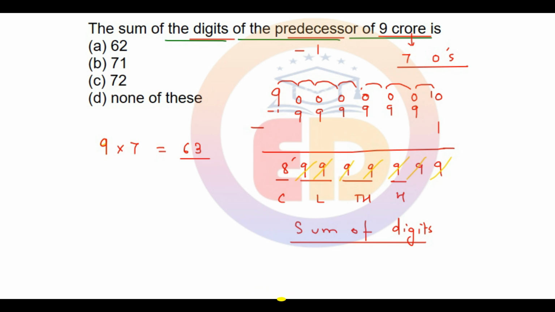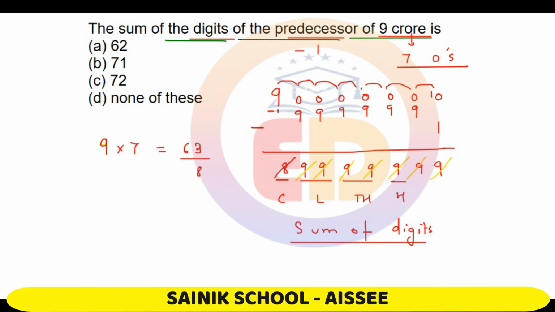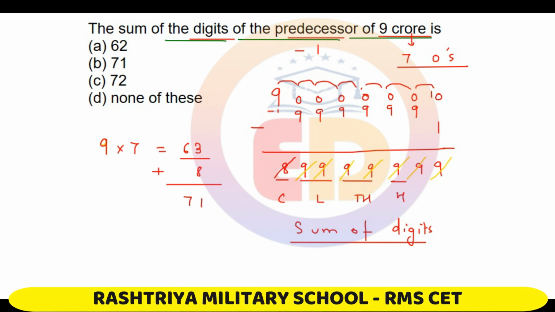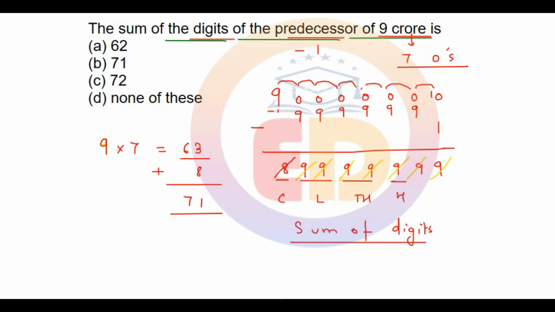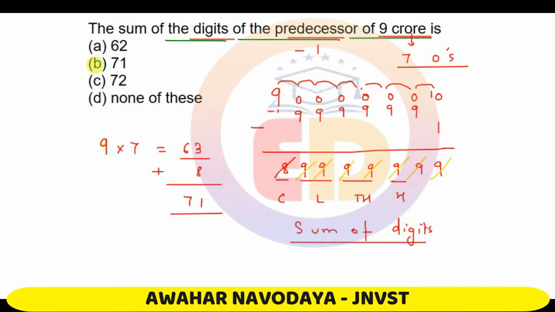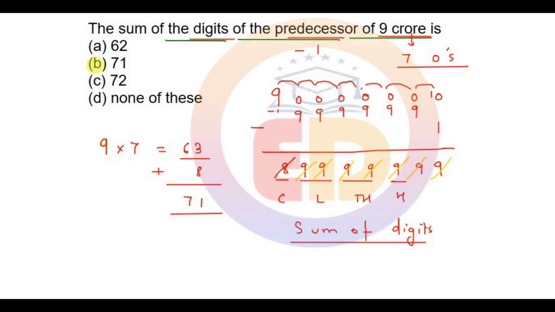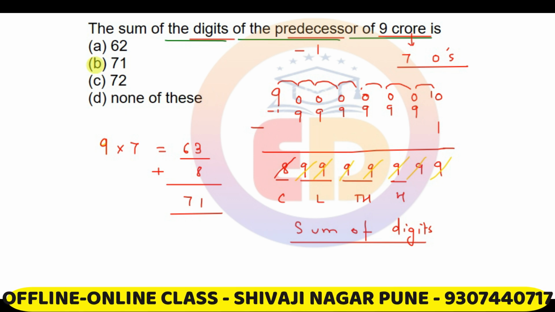And now let's add 8. 63 plus 8, my answer is 71. Answer is option number B. Seemingly a very simple question. You should understand the predecessor concept and the values of 9 crore. Answer will be option number B.